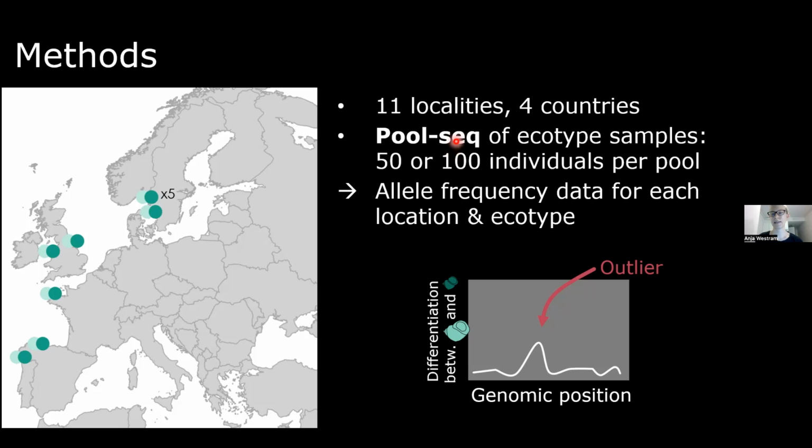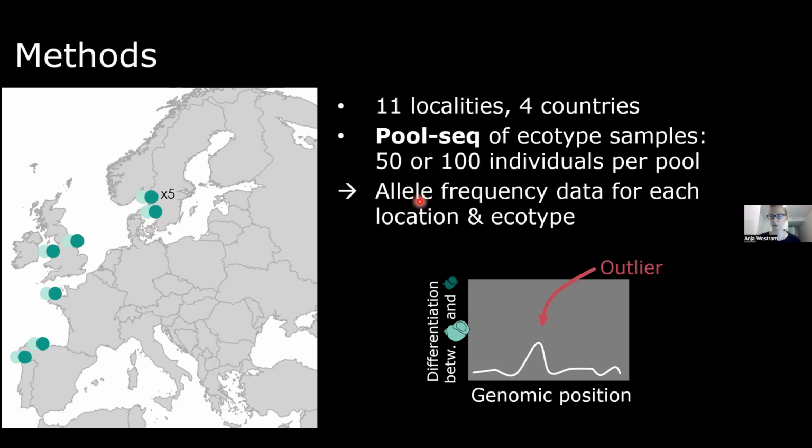So what we did instead is we used a pool-seq approach, where we just sampled crab ecotype snails, and separately we sampled wave ecotype snails, and we pooled all the snails per location and ecotype, and then sequenced them as a pool, so we could get allele frequency data for each location and each ecotype, but we don't have individual sequencing data in this case.